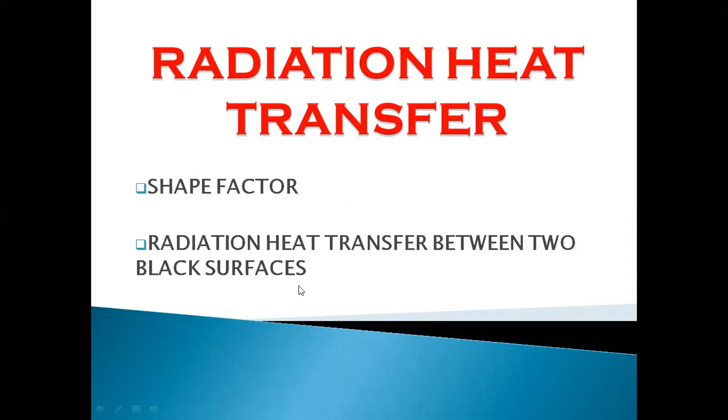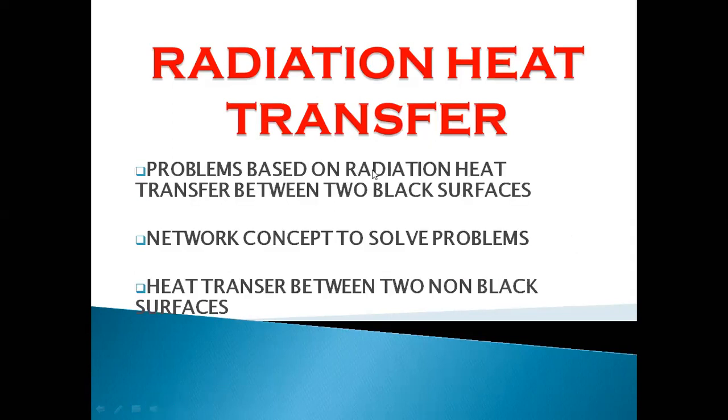Now, in today's class, we have some more problems based on radiation heat transfer between two black surfaces. Then I'll tell you a very important concept called the network concept. That means the entire radiation problem between two surfaces, either black or non-black, can be easily reduced to an electrical network.